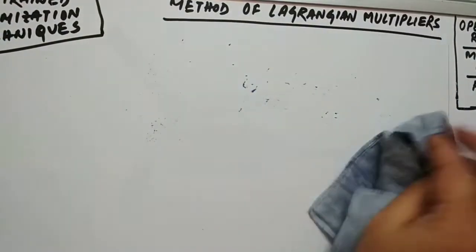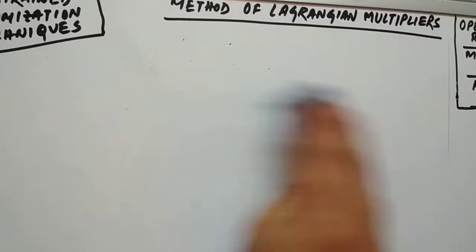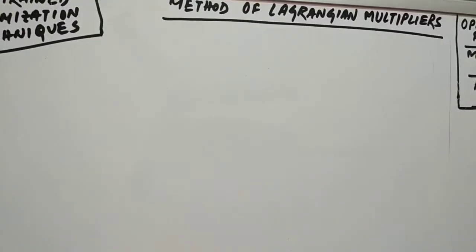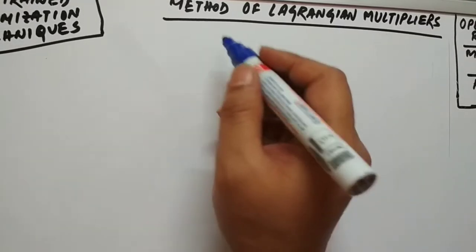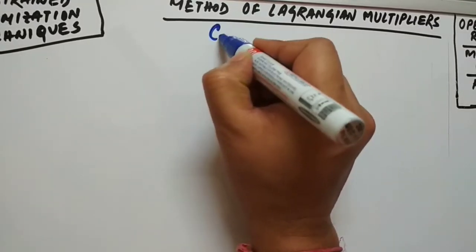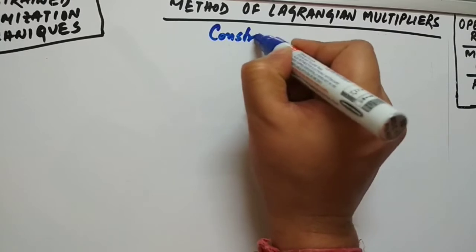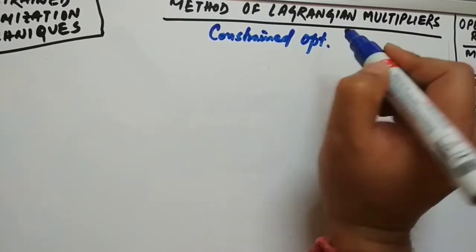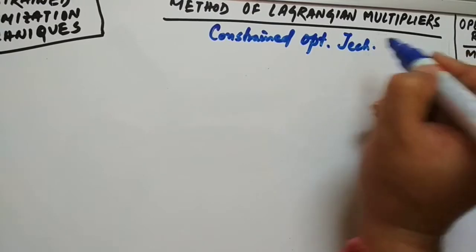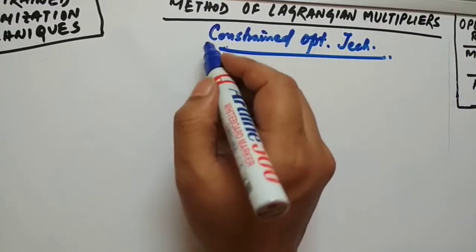But I will let you know the common methods in practice. So I can write it as constraint optimization techniques. What are the different methods?